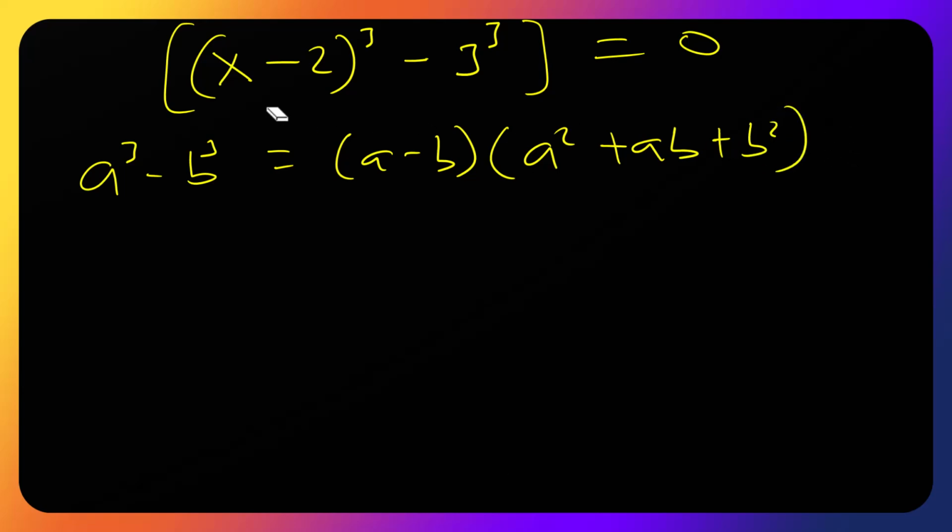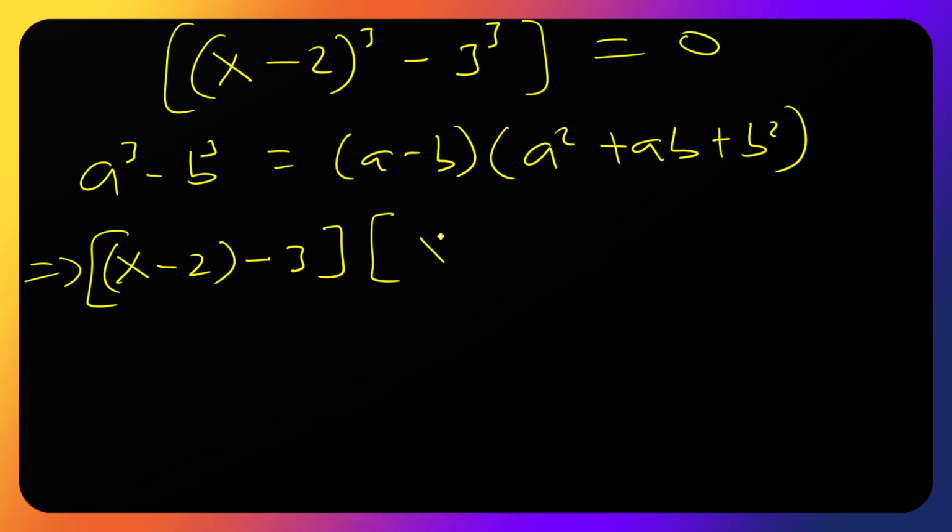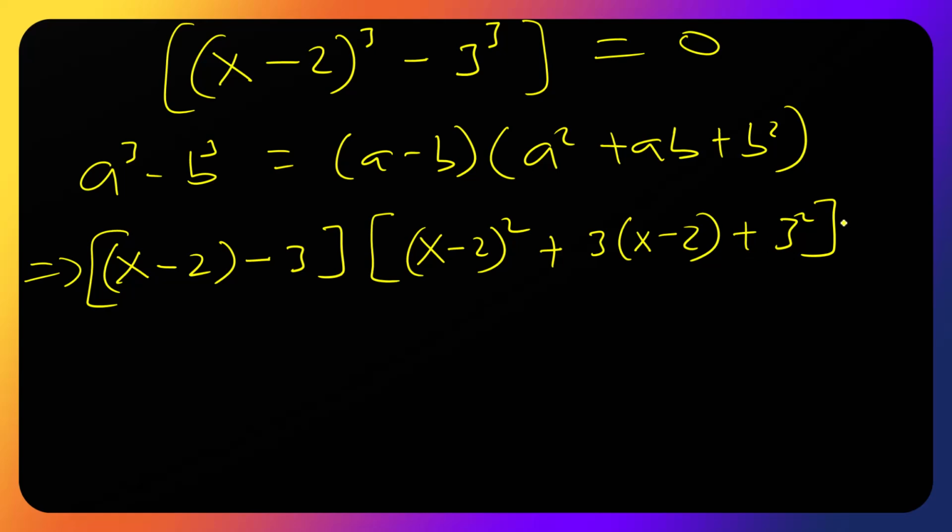Okay, so from here you can say (x minus 2) minus 3, and then we have (x minus 2) squared, plus the product 3 times (x minus 2) plus 3 squared equal to 0.